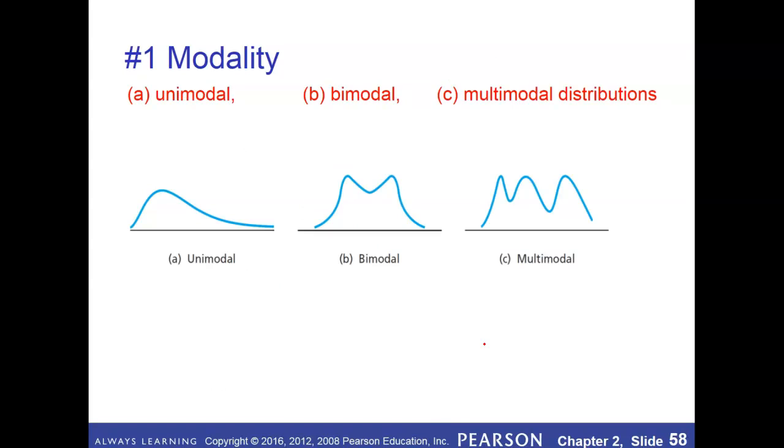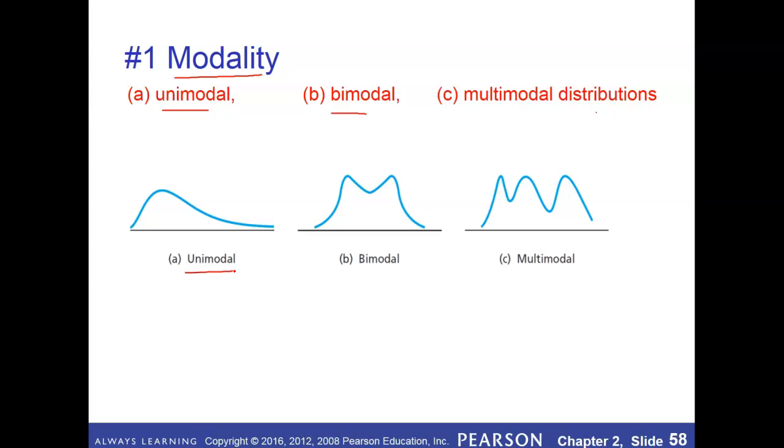And so if we talk specifically about modality, we can say it's unimodal. Unimodal means that there's one peak. Okay, there's bimodal, which means there's 2 peaks, and then there's multimodal distributions, where there's just different peaks and valleys at different places within the data set. I would say that most of the time, data that we collect is unimodal.